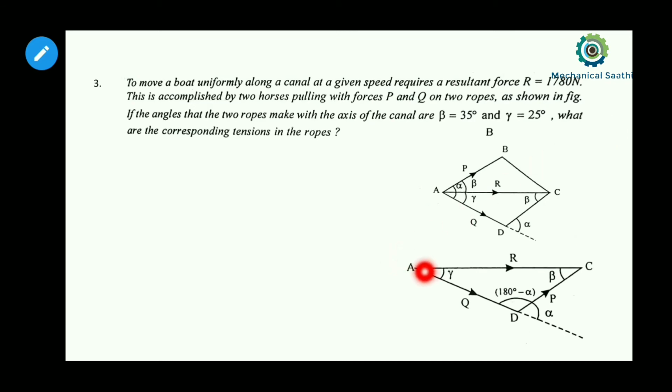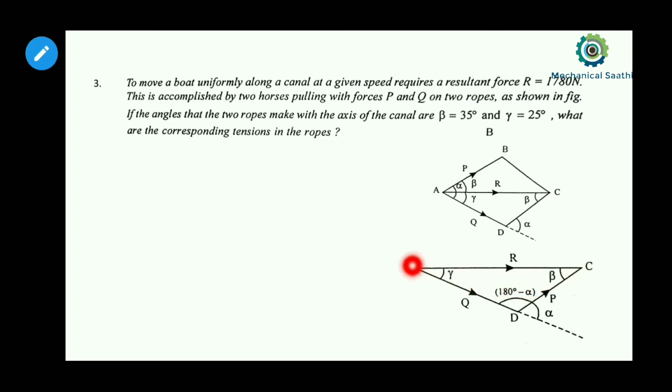Here this is Q, so this AD is represented over here, and this P, that is AB, this side will also be P. This is represented over here, and this is R, which is given to us. Let us try to calculate all these values of P and Q.